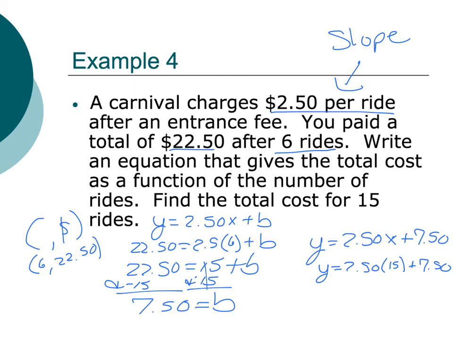So 2.50 times 15, that's $37.50 just for tickets, plus my entrance fee of $7.50. So add the entrance fee in, and you'll find out that for me to ride 15 rides at this amusement park, it's going to cost me $45. It's pretty expensive for a ride to the amusement park.